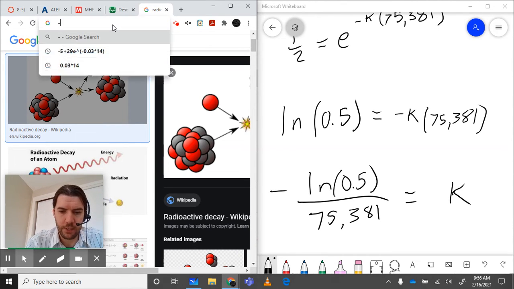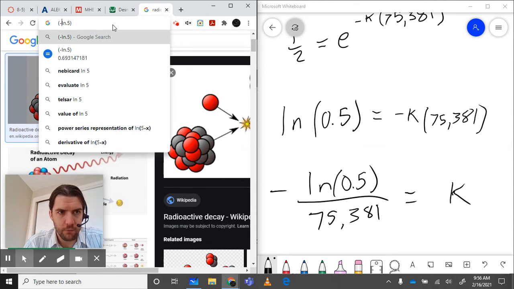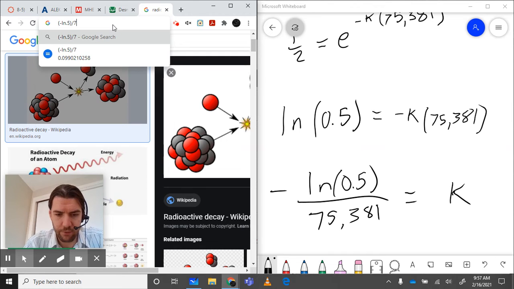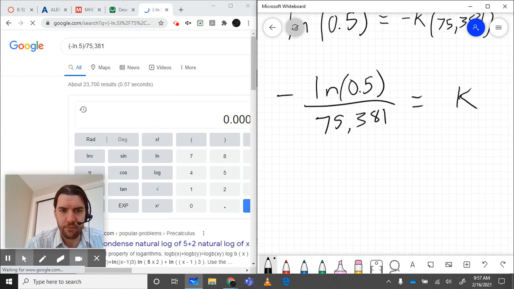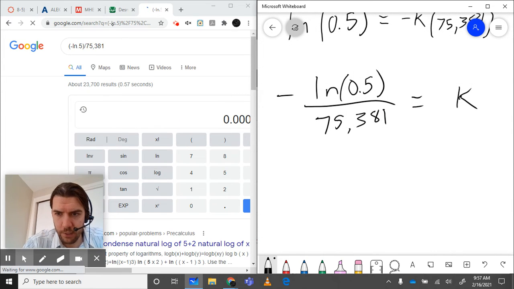So we have negative ln of 0.5 divided by 75,381. Okay, so this number is not going to have a great significance to us because we are not doing a whole bunch of radioactive decay problems.